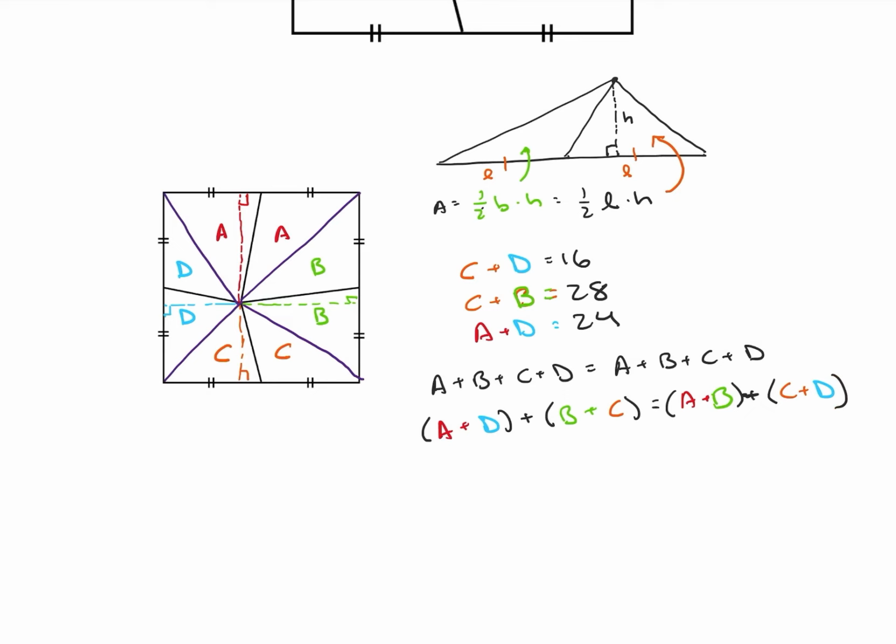Okay, so what do we notice here? We notice that I already know a bunch of these values. A plus D is 24, plus B plus C is 28, is going to equal A plus B, which I don't know, plus C plus D, and C plus D is 16. So what I'm looking for is that shaded region A plus B. This is exactly what I'm trying to solve for.